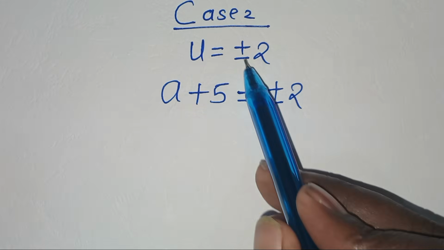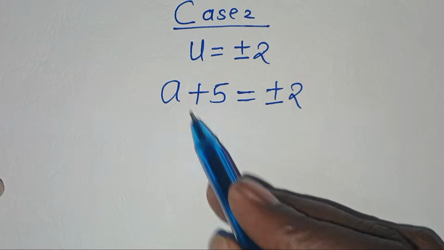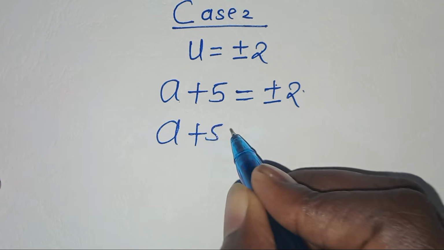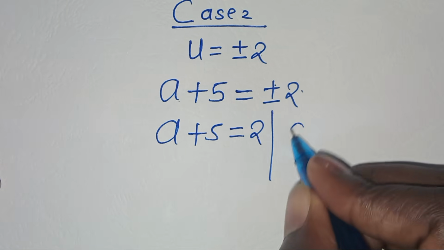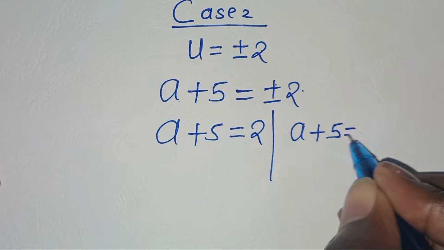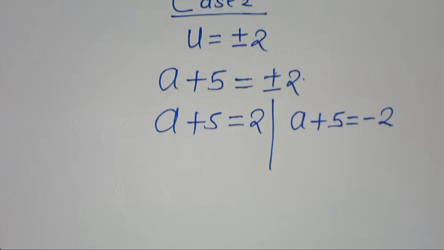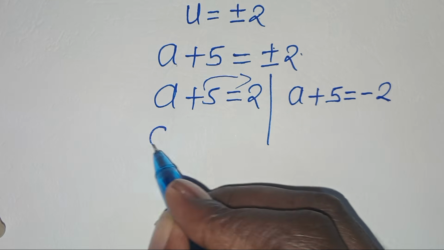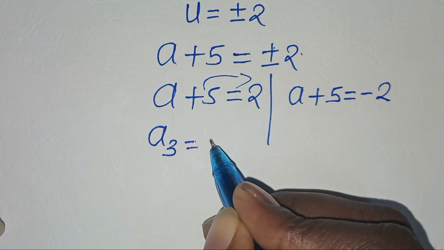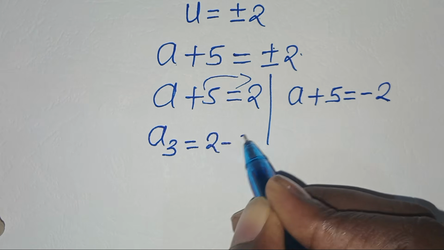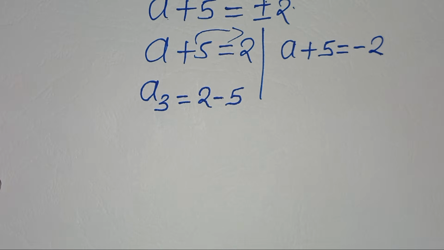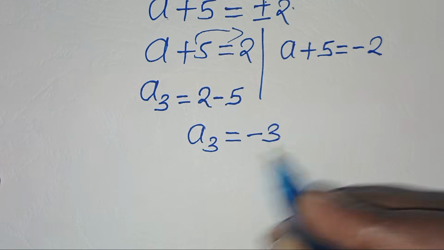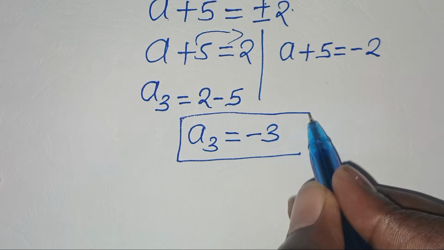Since u is equal to plus or minus 2, we have a plus 5 equal to 2, and then a plus 5 equal to negative 2. So we can solve for a3 here. Let's take plus 5 to the right hand side. This means that a3 is equal to 2 subtract 5, so a3 is equal to negative 3.